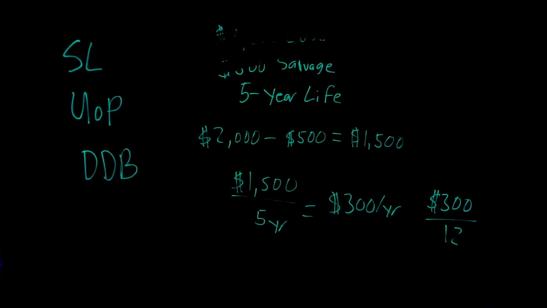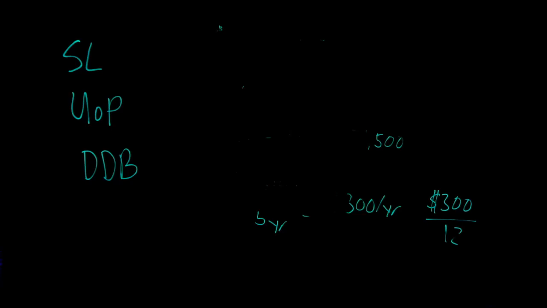All right. So next, let's look at the units of production. So units of production doesn't depreciate based on time, it depreciates based on usage. So let's say we have an asset with a cost of $10,000.